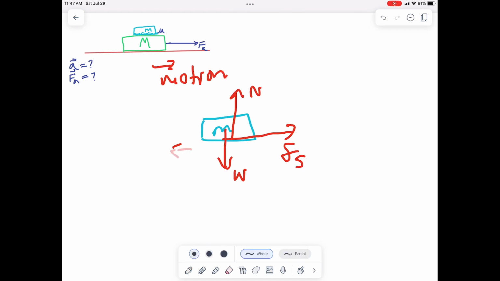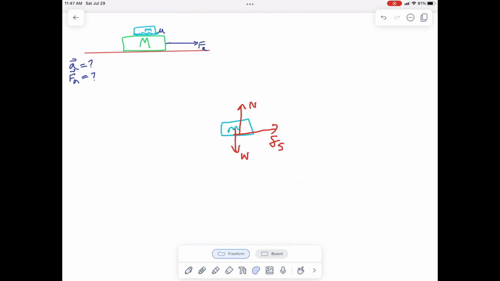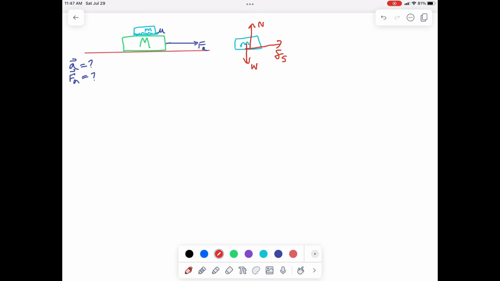Okay, so now that we've sketched our free body diagram, we can actually get started solving for the acceleration. I'm first going to write out that my sum of the forces in the x dimension has to be equal to mass times acceleration because my block is accelerating in the x dimension. And then my sum of the forces in the y dimension, well, my little block isn't levitating or crushing down into my bottom block, so these forces are canceling out and they're equal to 0.